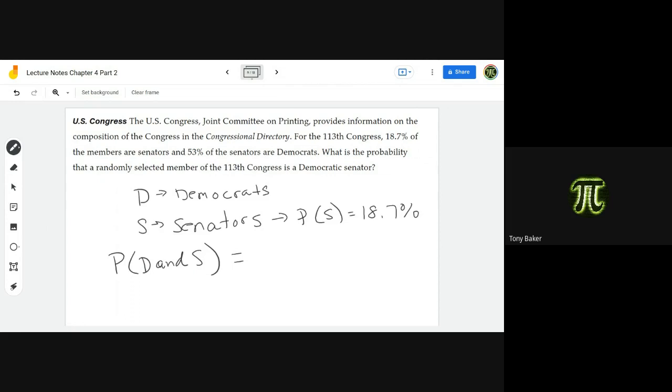No. What was my base piece? My base piece, my subsample space, is senators, right? And then I chose Democrats out of the senators. So it's Democrats that way. And that's 53%.